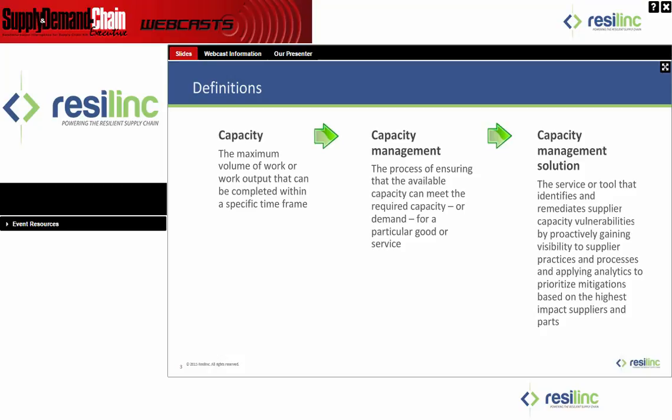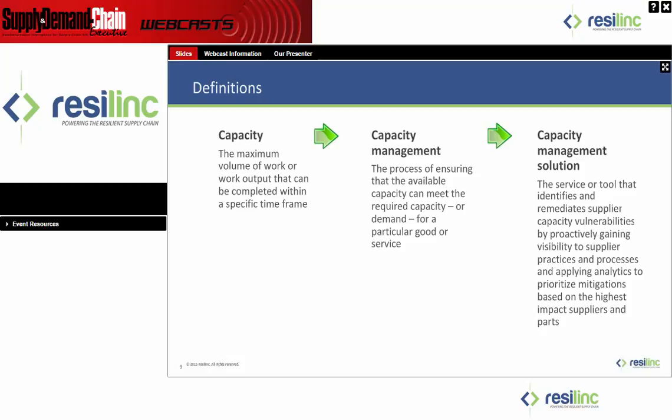Okay, so let's start with the definitions. Simply defined, capacity is how many parts or how much material a supplier can produce in a day, a week, month, year, taking into account their shift structures, their holiday schedules, and so on. Capacity management is the set of processes that your suppliers would implement to ensure that they can meet your demands.